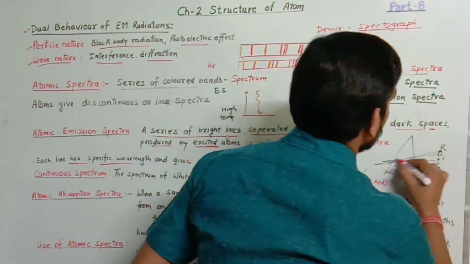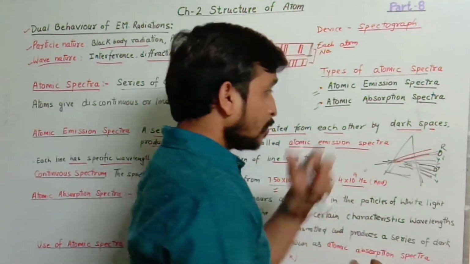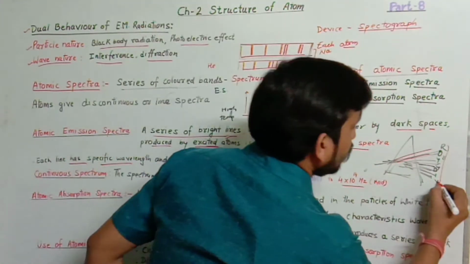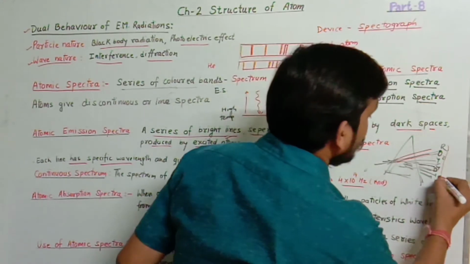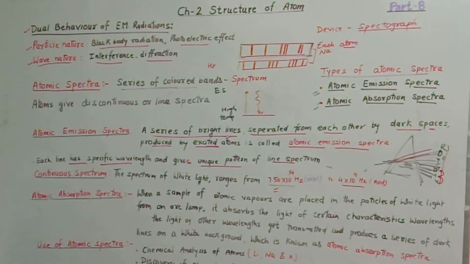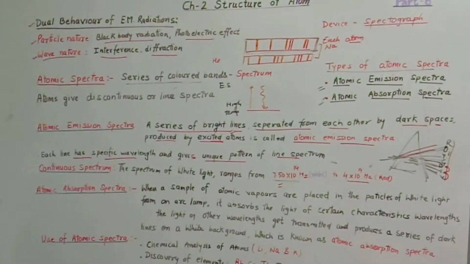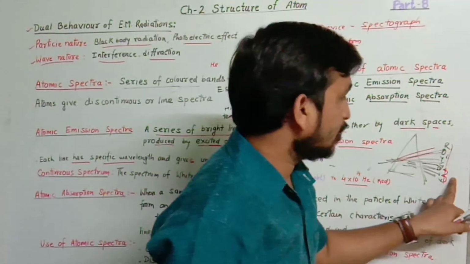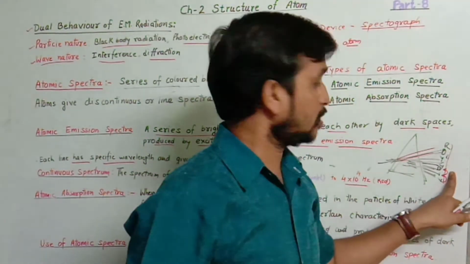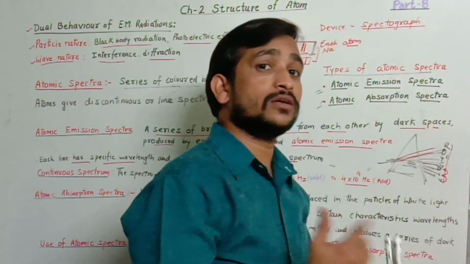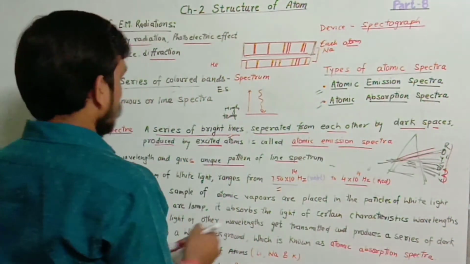In the case of the 7 colors that we obtain, we call it the continuous spectrum because the violet color is merged in indigo, indigo is merged in blue, and blue is merged in green. This is why it is called a continuous spectrum, right?